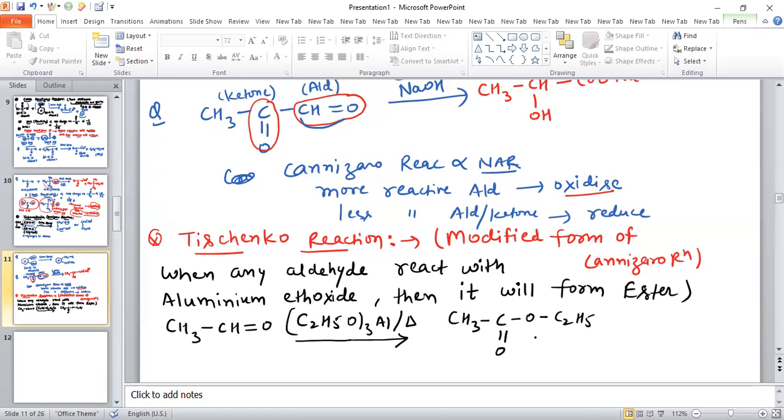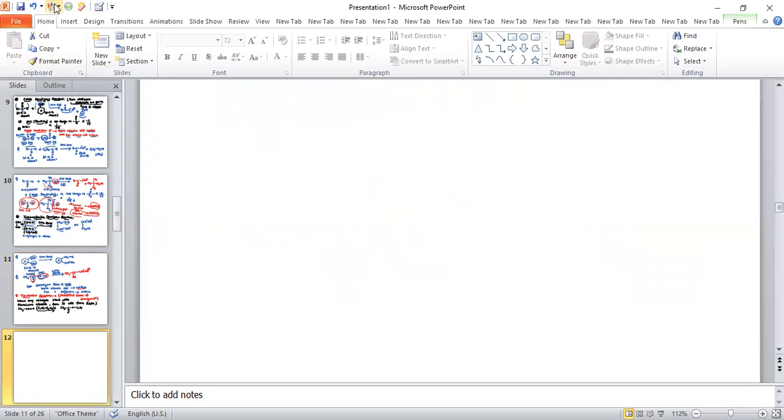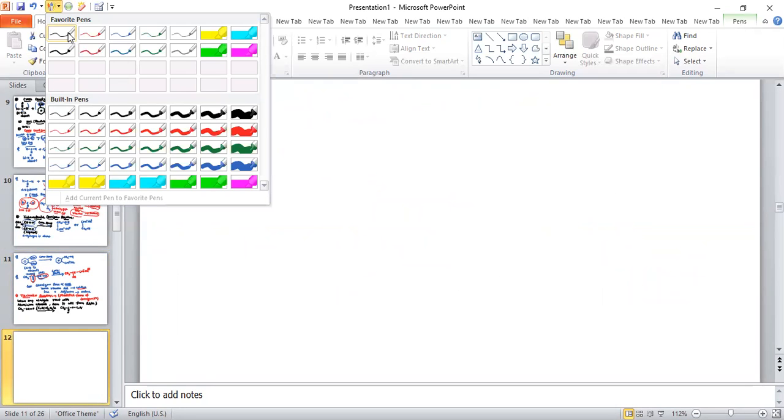Now see how this product is obtained. This Tischenko product, the ester, is obtained in this way.